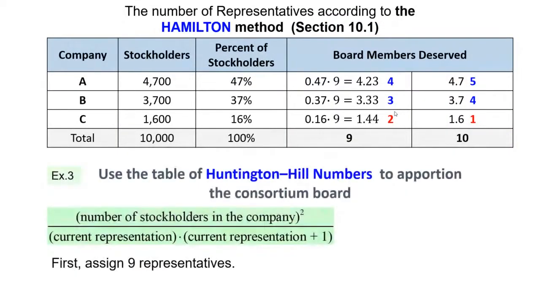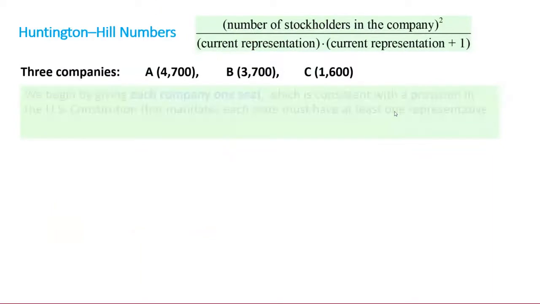Okay, we can apply the method to the consortium board. Sometimes the problem gives you the present representation, and the question is who deserves the next representative or who gets the next representative. Sometimes we construct the table, we start from the beginning.